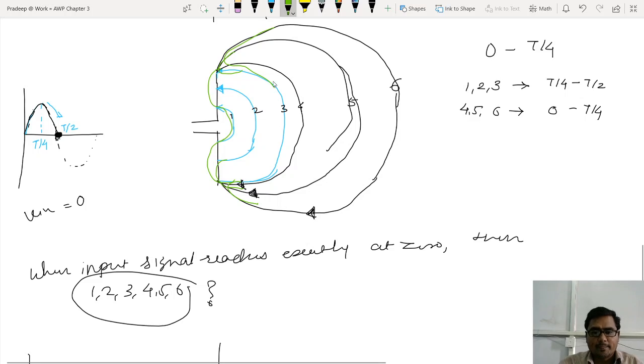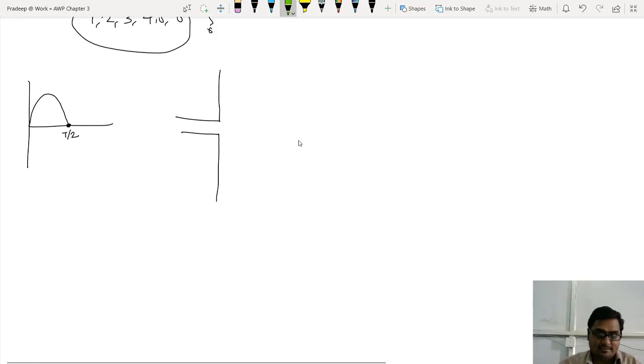Let me draw those loops separately here, is it?